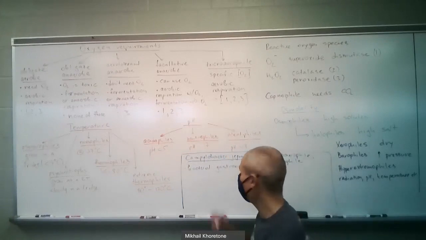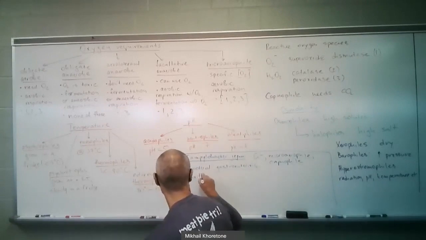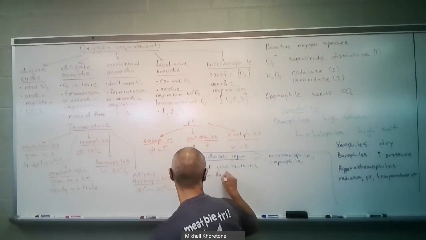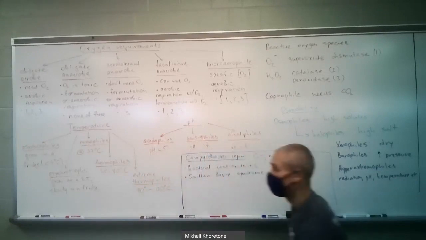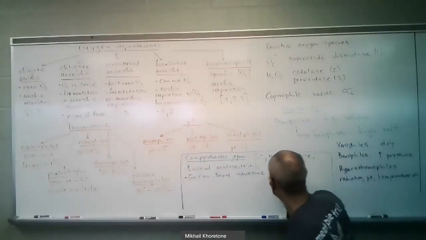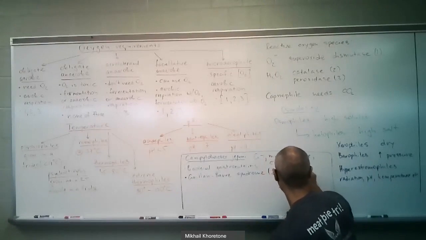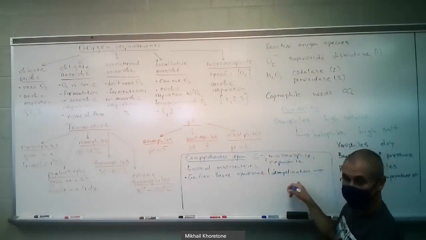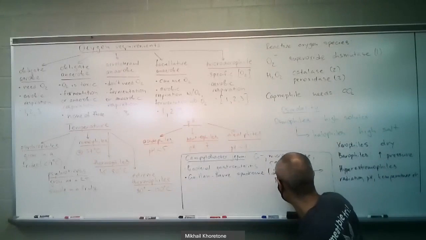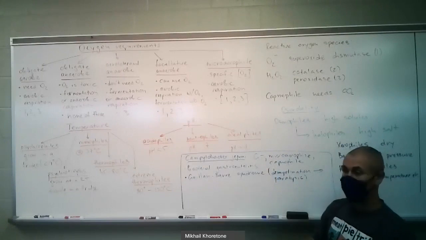The complication, sometimes Guillain-Barré syndrome, which is an autoimmune condition which leads to demyelination of motor neurons and paralysis.